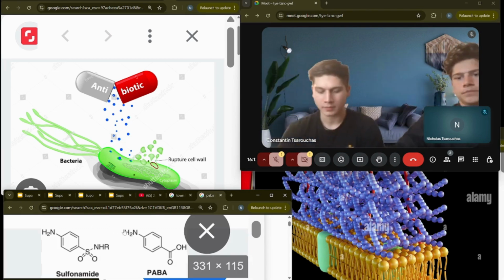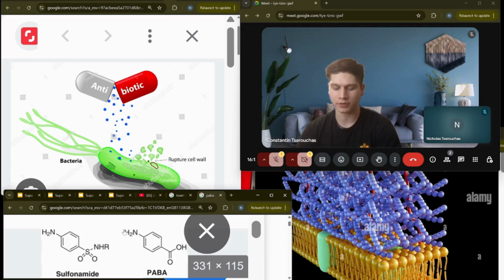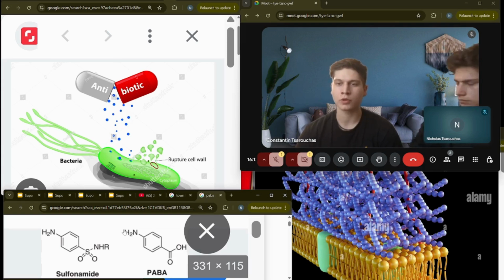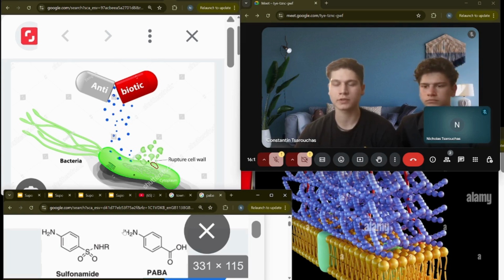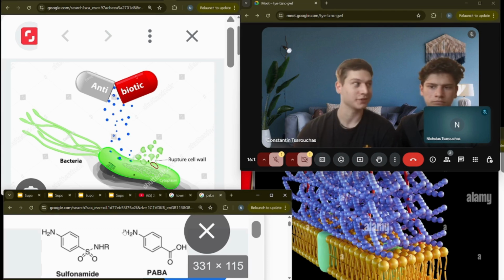If we take a look at the pathways that we're looking at here, peptidoglycan cell wall synthesis is really happening outside of the cell. You have your monomers, your NAG and your NAM subunits. I'm not going to say what they are because I do not remember, but I think N-acetylglucosamine is your NAG, and then you have your NAM as well.